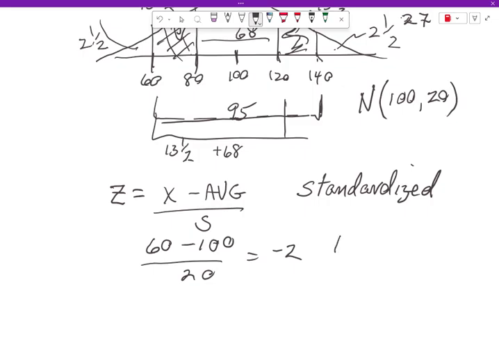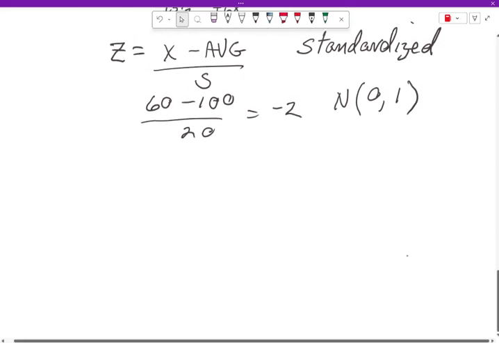When it's standardized, it's a mean of 0 and a standard deviation of 1. 2 down, 2 up, 95%. 60 and 140, or 2 and -2. That's normal distribution probability, and all the bets that are made in a normal distribution basically are this.